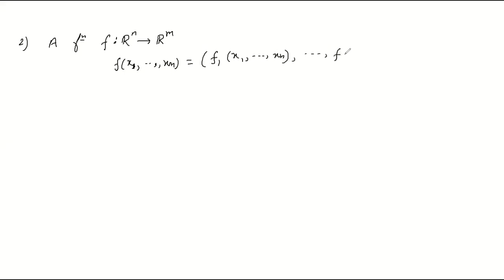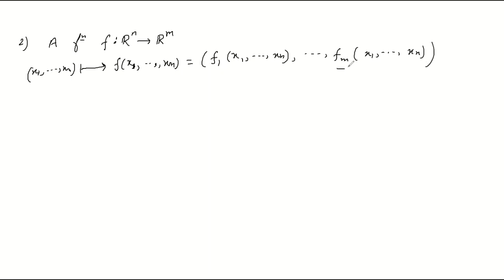The mth component function is fm of x1 and so on xn. That is, the point x1 to xn maps to f of x1 and so on xn, which has m many component functions.